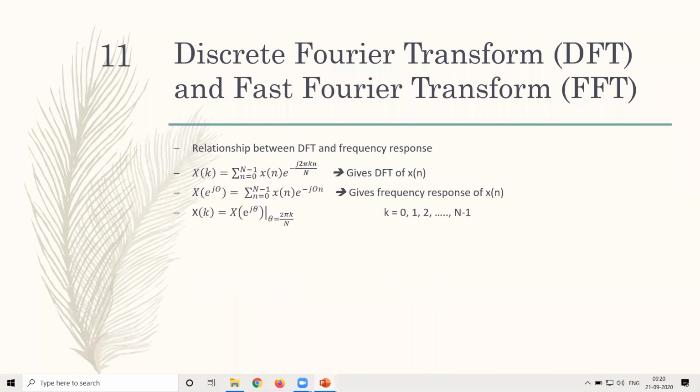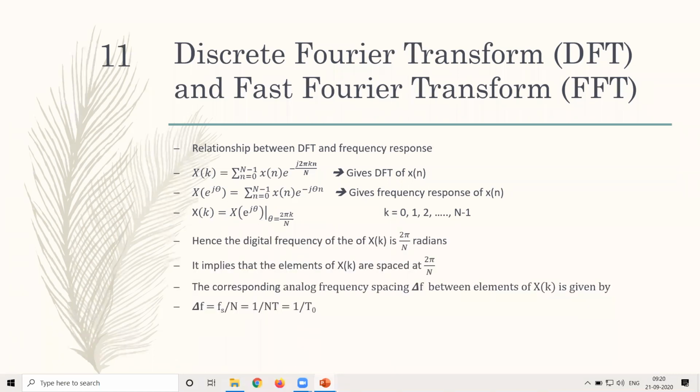Then we just saw that if we have a DFT of a sequence, or if you know the frequency response, how I can get the DFT of that signal from that frequency response using this particular equation. Then we discussed these all things, and what is the analog equivalent of the frequency spacing, that is delta F.